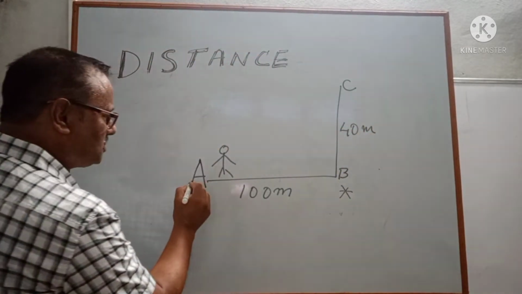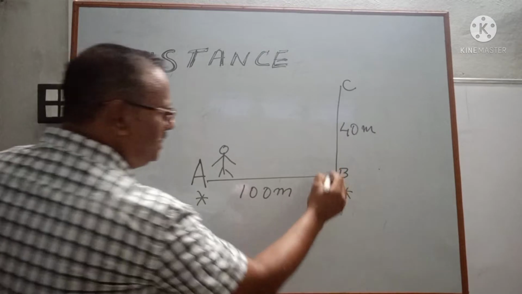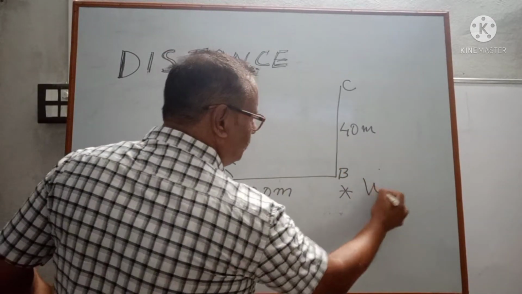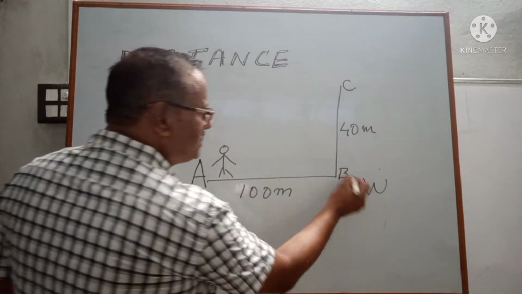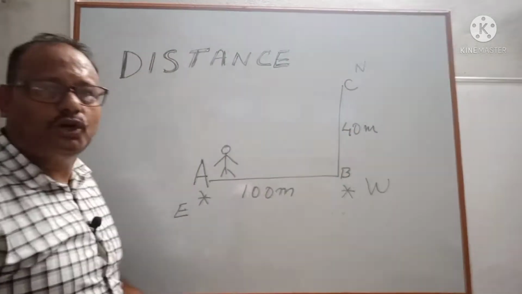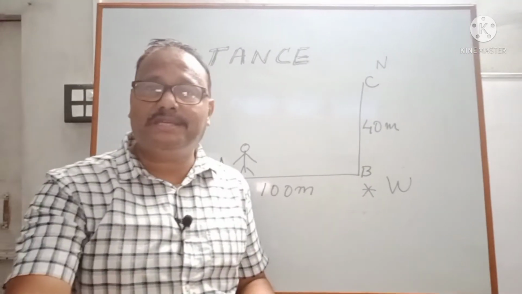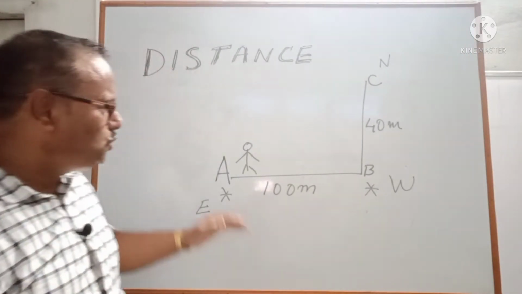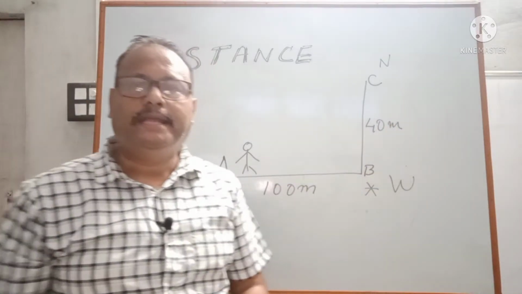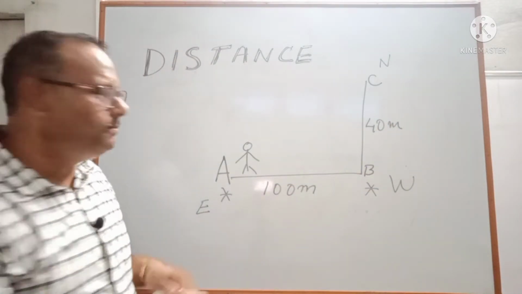Now the person was traveling from A to B from east to west, and now from west the person has traveled towards the north, a distance of 40 meters. If you see literally, the actual path of movement is 100 plus 40, that is the actual path covered by the person.